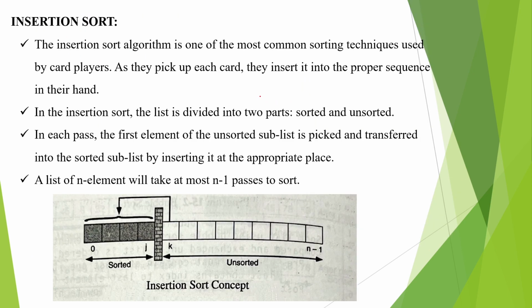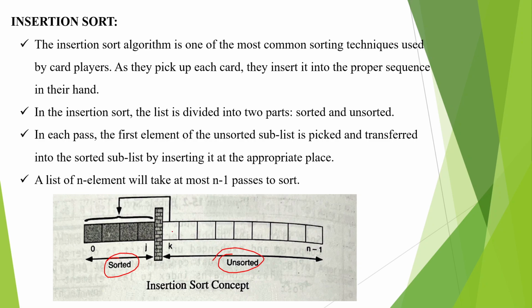As the approach in this insertion sort, here also we divide the array into two parts. Given array, we are dividing into two parts. One we call sorted, and the other we call unsorted. Same as the approach yesterday.